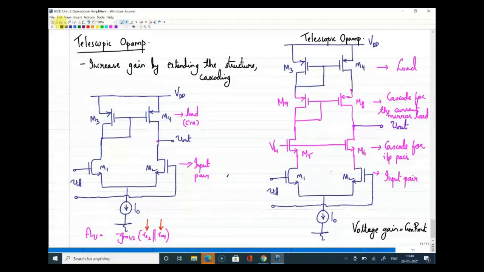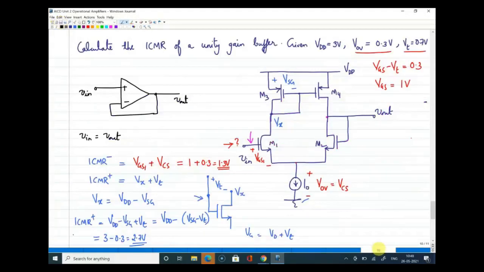Okay, so till what you heard? Till that Av is equal to that left side, sir. All right, so you were there for this structure. You understood how we calculated ICMR plus? Yes, sir.